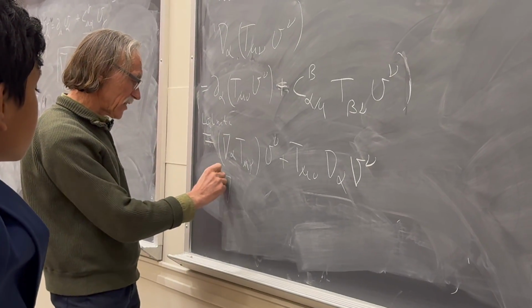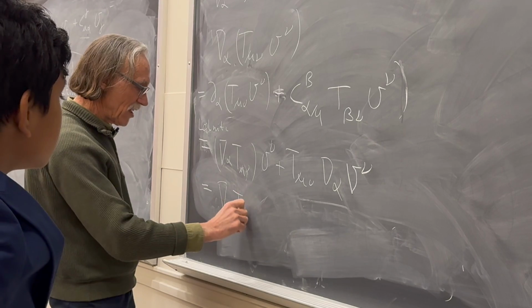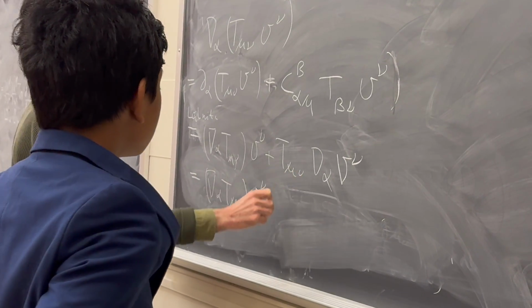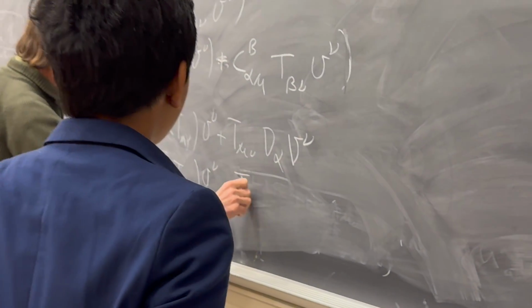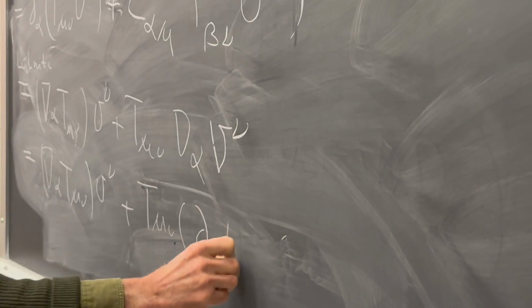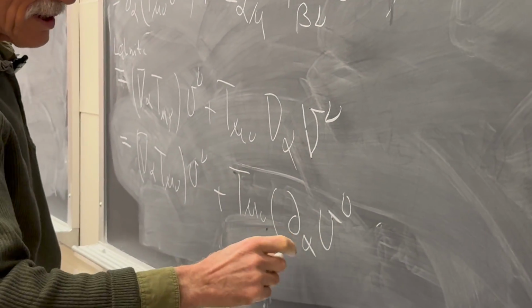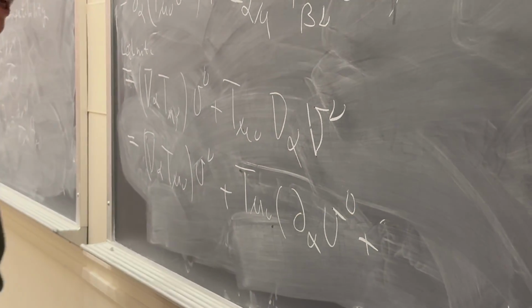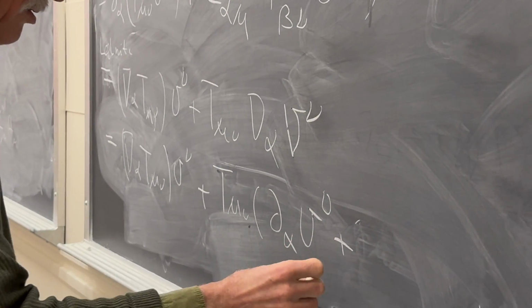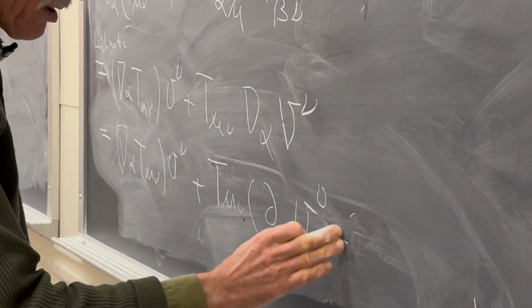That is d alpha of T mu nu times V nu. And here, this is now T mu nu. This is again a vector, so that is d alpha V nu. And then we have this vector.